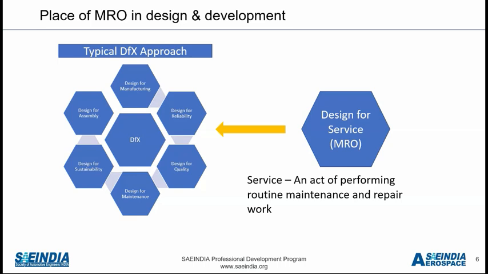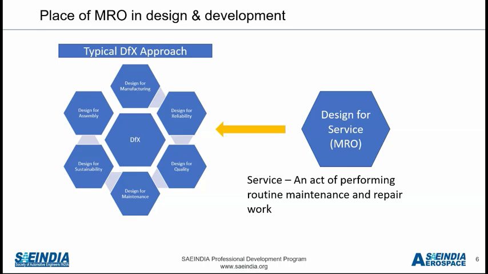Then we also think about how a product is going to be maintained, right? So the maintainability philosophy also gets included in the design philosophy. Then the sustainability part of it is also important. Sustainability basically captures two things. One is the availability of the parts or components within the sub-assemblies, and also sustainability in terms of environmental effects.